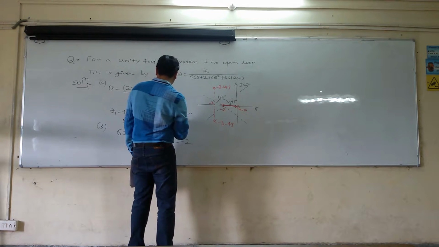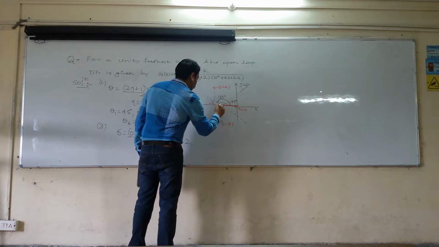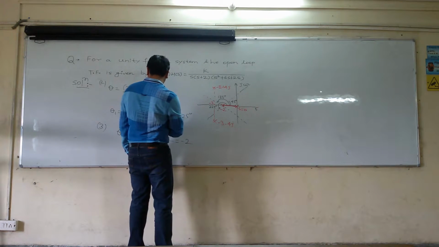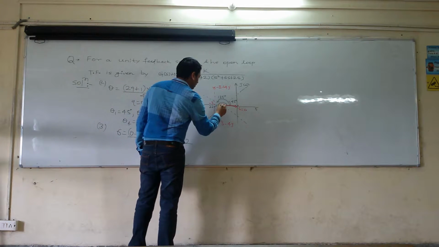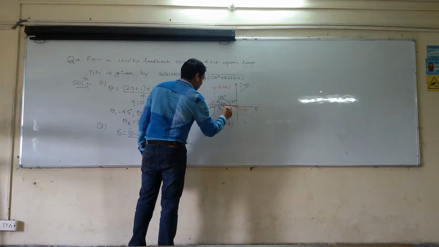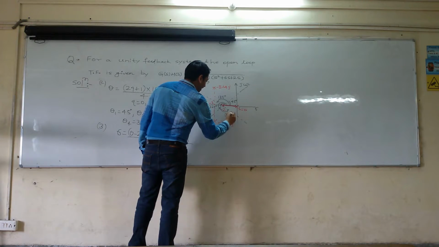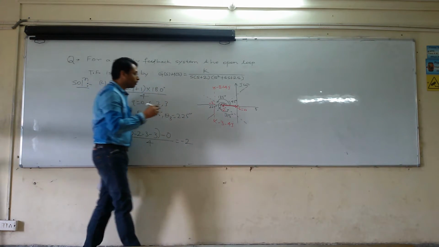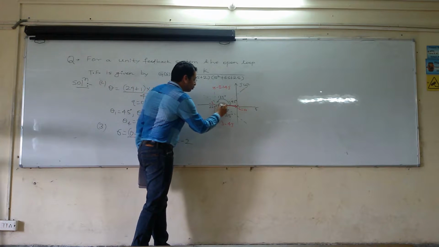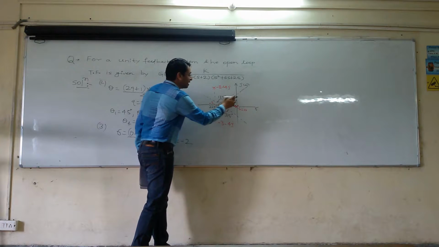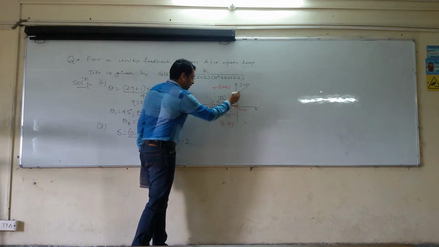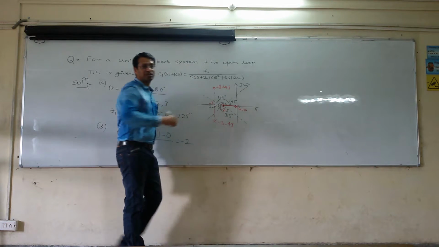And this is your 225 degree. And last one is what? This is your 315. So these are symmetrically located. So you know for this particular line, you know that this passes through minus 2, 0 and its slope is 45. So you can easily plot these 4 straight lines.